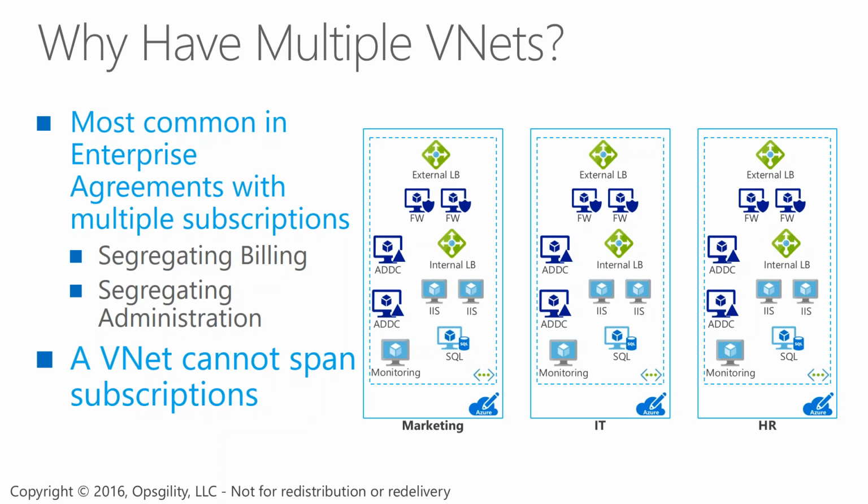The problem, though, is that the virtual networks that are represented by the dashed lines in each of the different departments, those represent virtual networks, and a virtual network is an isolation boundary. So we need some way to connect these virtual networks. And so it's definitely important to understand the why around that.